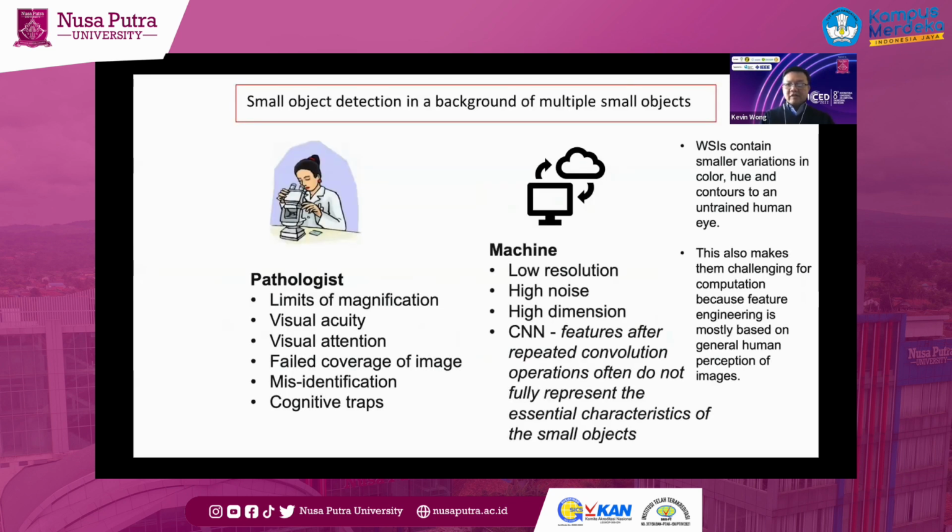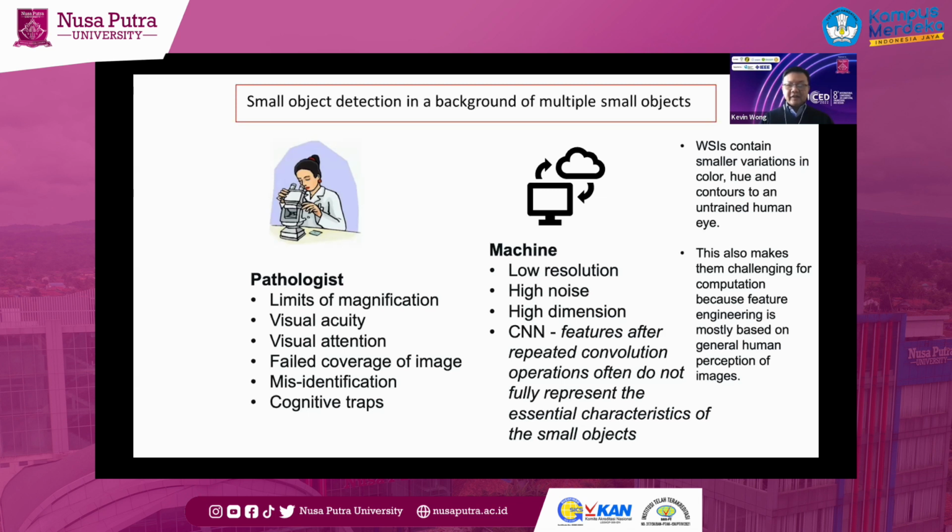I'm just quickly going through here. There are a lot of words here, but I just want to highlight the difference between conventional pathology and the advantages and disadvantages of using machines. In pathology, the main challenge is that humans are limited by the amount of visual features they can identify.